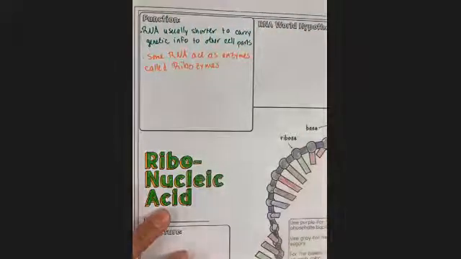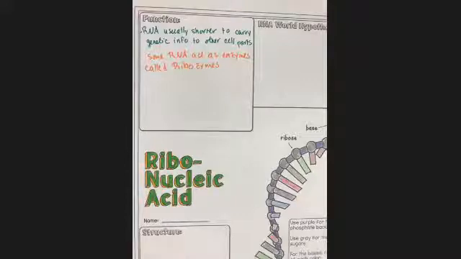In case you don't remember what an enzyme is, it's something that speeds up a chemical reaction. Typically enzymes are proteins, and we say that they catalyze a reaction. They make it go faster. So we've discovered that there are certain types of RNA that function like that. They're going to speed up that reaction.